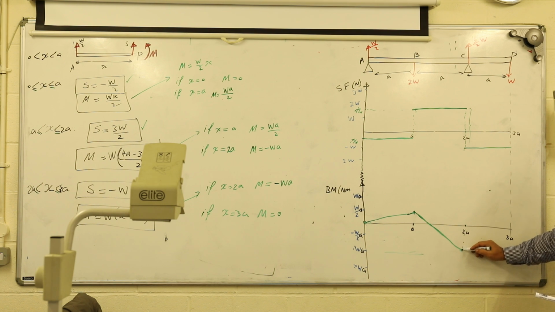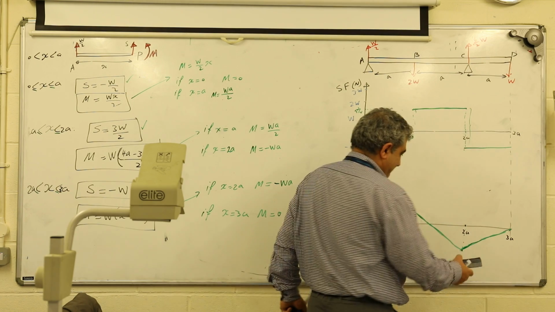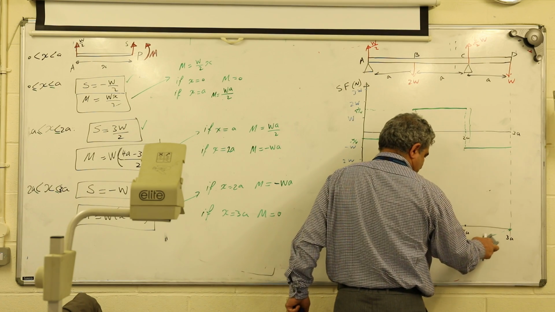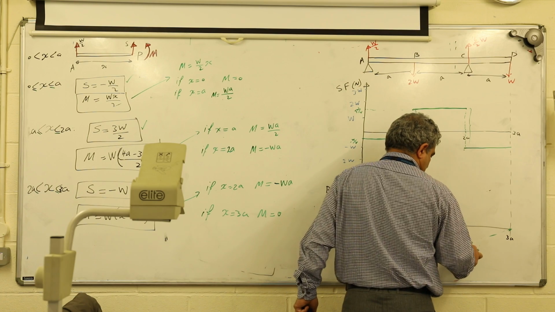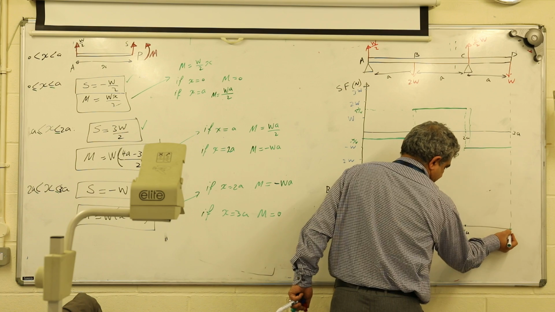You start from here and you end up at 3a. How much is the bending moment? It would be back to 0. Happy?